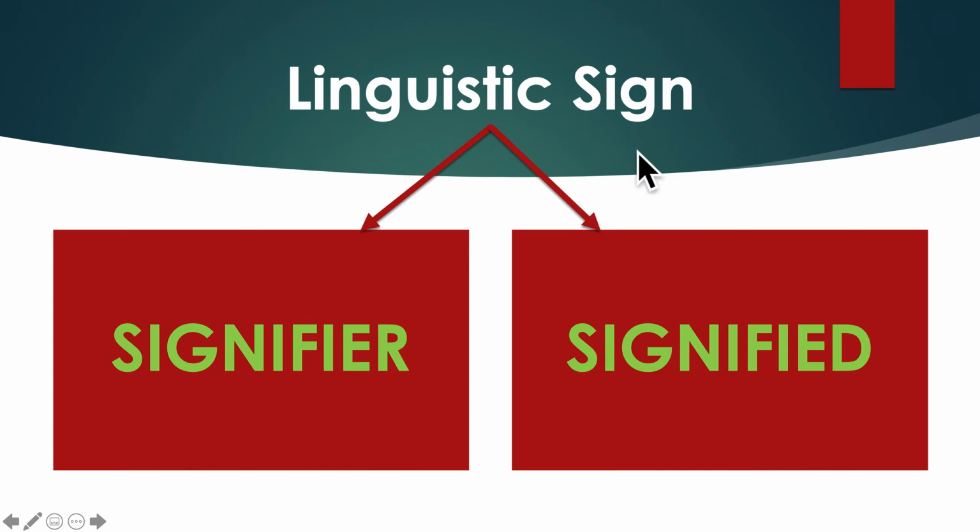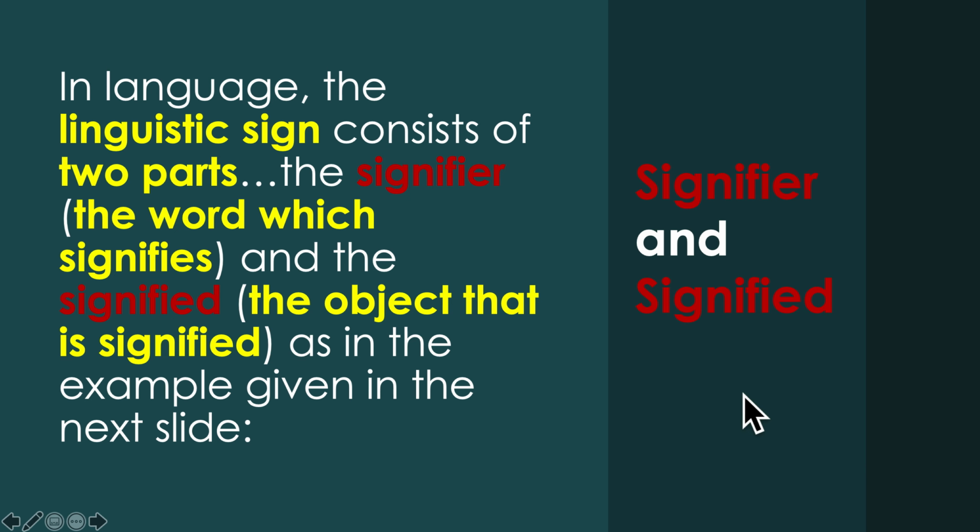Next, linguistic sign. Basically, linguistic sign depends upon two things: signifier and signified. What are they? Let's discuss. In language, the linguistic sign consists of two parts: the signifier, the word which signifies, and the signified, the object that is signified, as in the example given in the next slide.